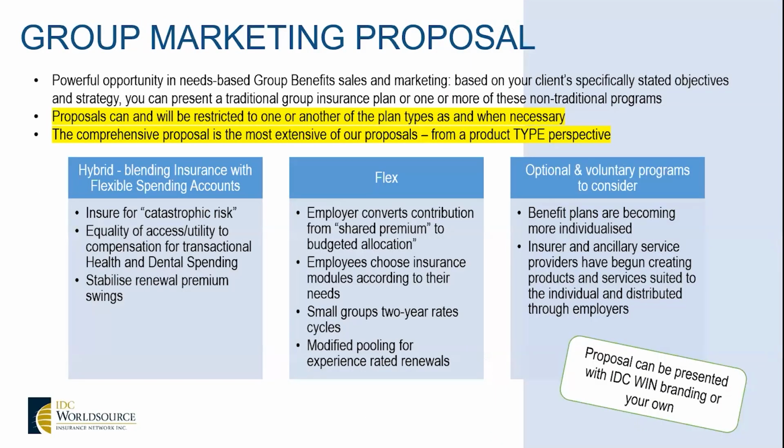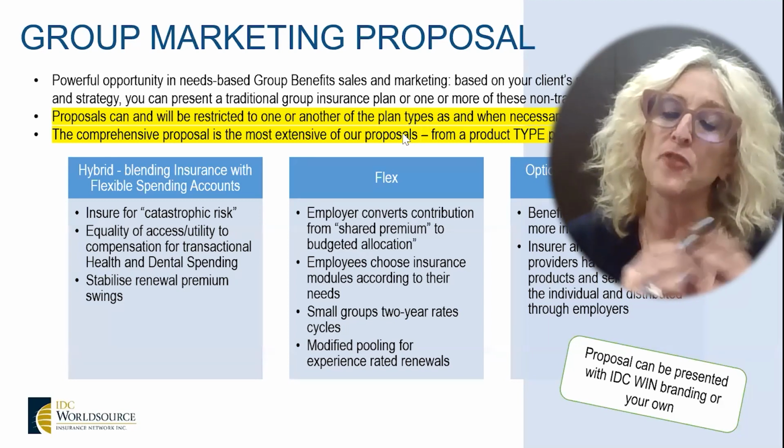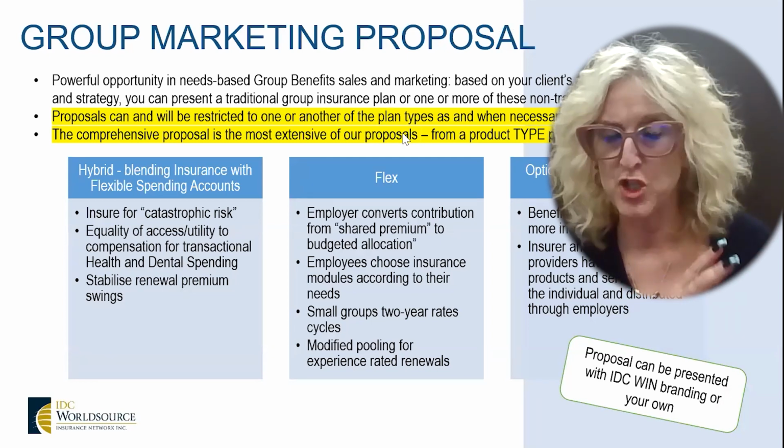Group marketing is obviously a powerful utility, and this is where you're going to see different types of the plans and strategies that we put together. For instance, we're not just working with traditional plans.